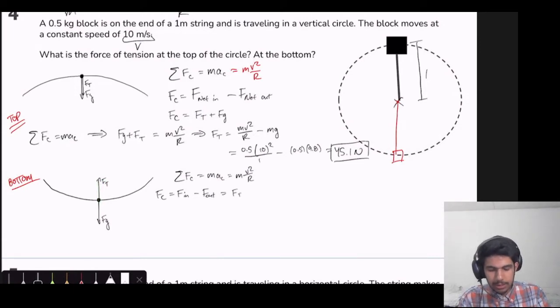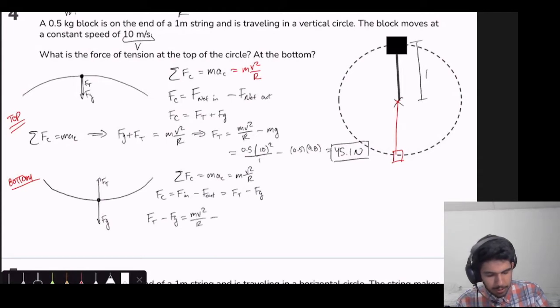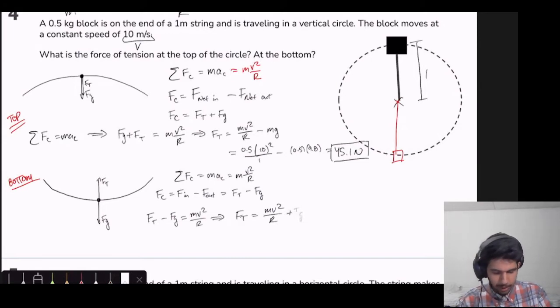And then out is outwards of the circle, so we subtract Fg. So now we're saying Ft minus Fg equals mv squared over r. We're solving for Ft, so we can add Fg to both sides, and Fg is equal to mg, so I'm going to substitute mg instead of writing Fg.